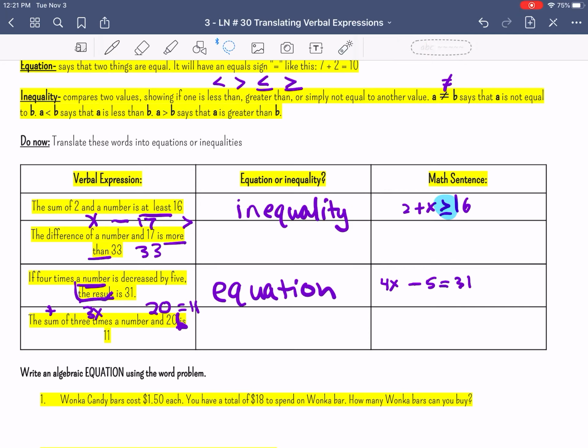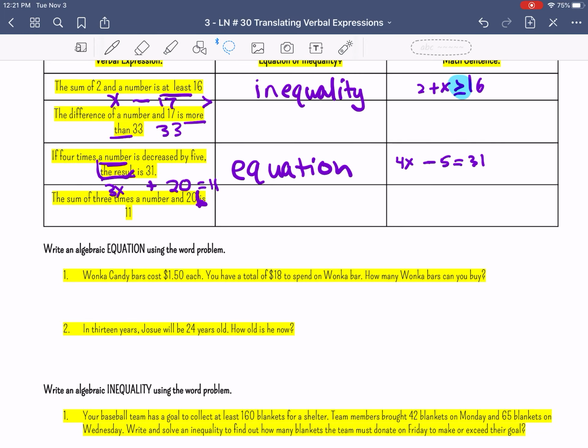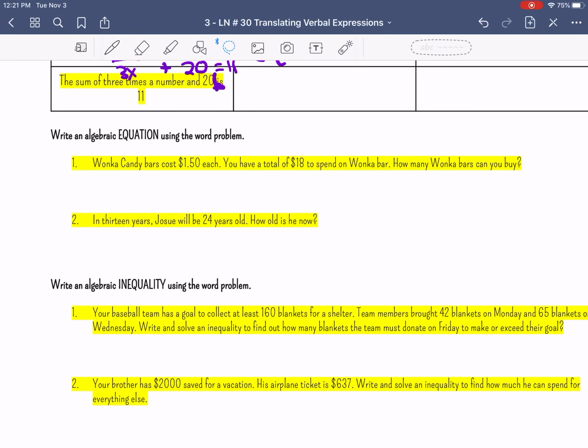So you have to see how you can arrange these characters into a math sentence and whether it's an equation or an inequality. So these are a little tough. Of course, if you need to pause the video, go ahead and pause it for whatever amount of time you need.